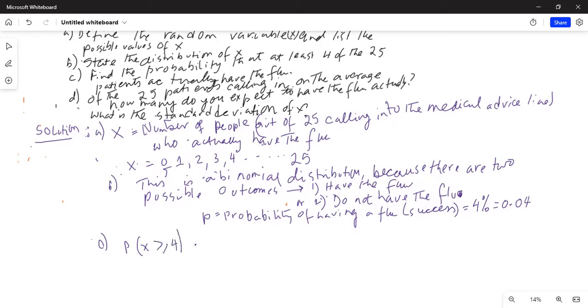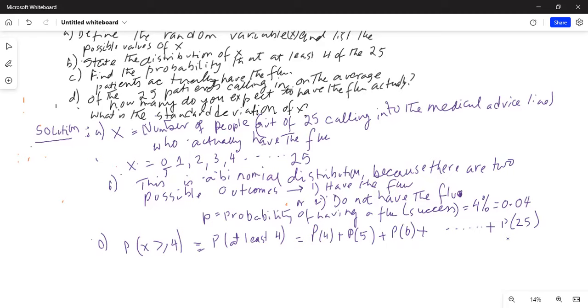This is identical to P(4) plus P(5), the probability of 4 people having the flu, plus the probability of 5 people having the flu, plus the probability of 6 people having the flu, and so on up to 25 out of 25 having the flu.